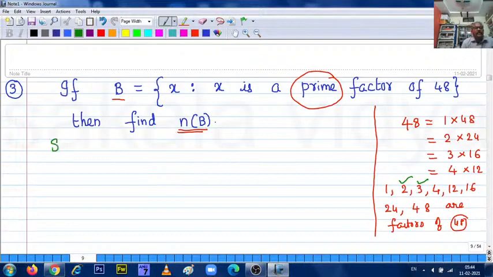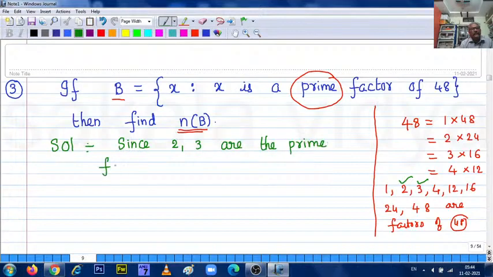So now write down the solution. Since 2, 3 are the prime factors of 48, we just list out these two only. 2, 3, put in between the braces, say B. Now count how many elements are there. 1, 2.